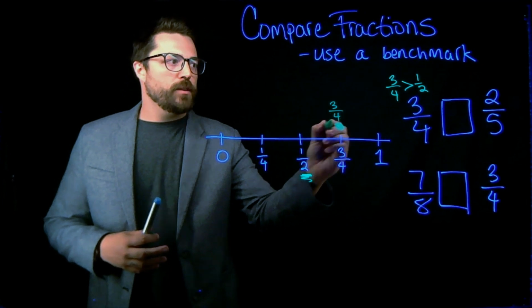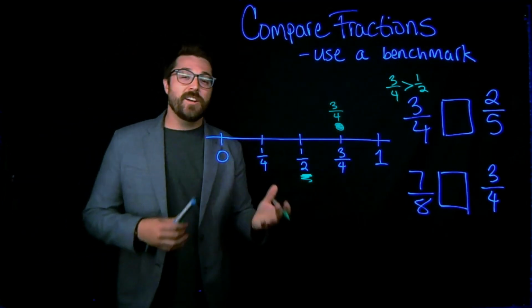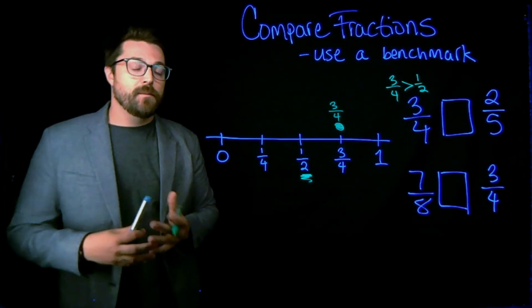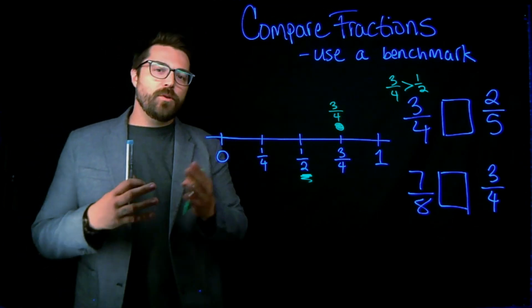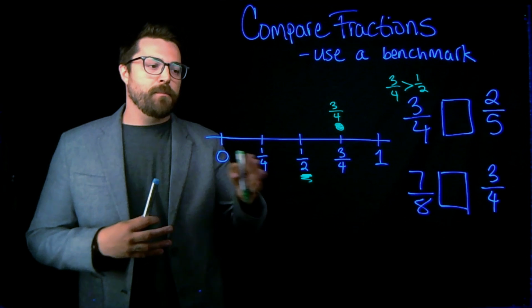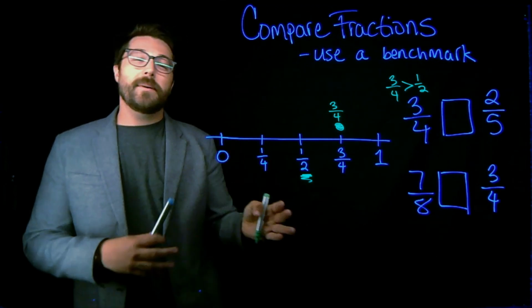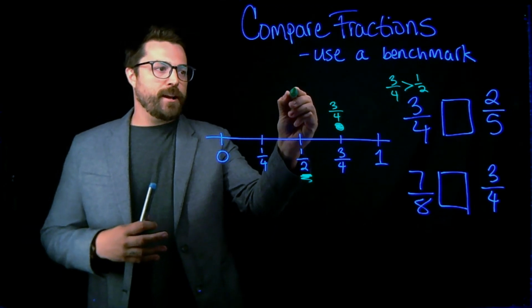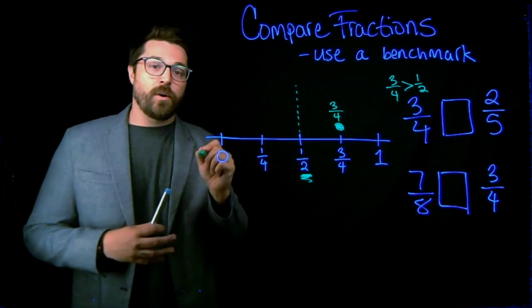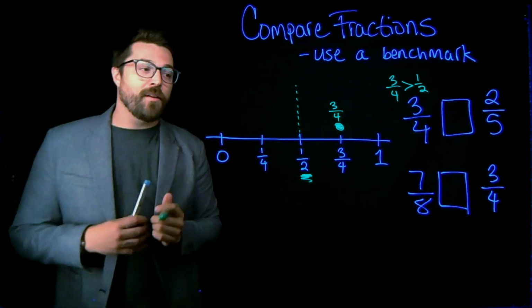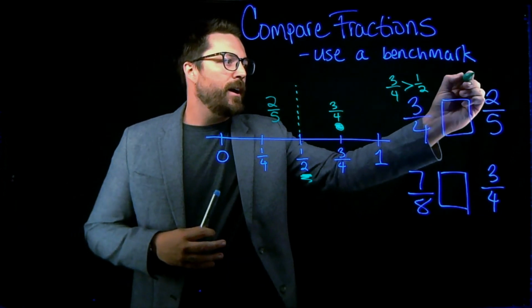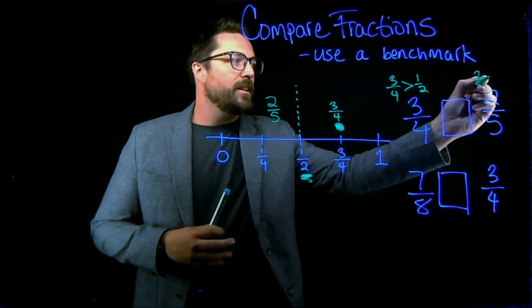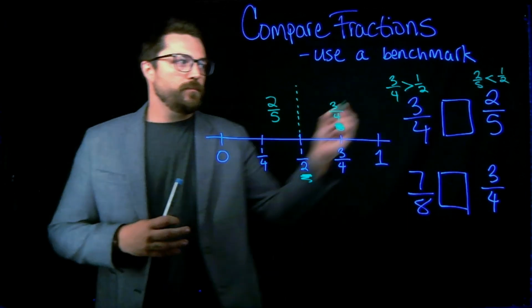Here's our 3/4. 2/5 I know is less than 1/2, because 2 is less than half of 5. I don't know exactly where on the number line 2/5 would go, but if I draw a line down at 1/2, it's somewhere on the left side of that line. Again, 2/5 is less than 1/2.